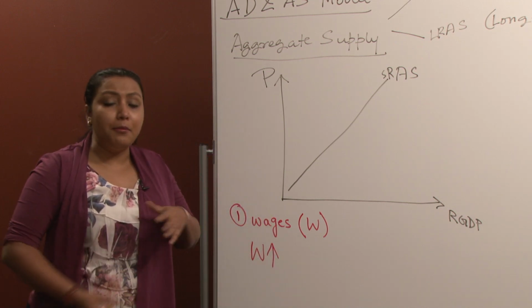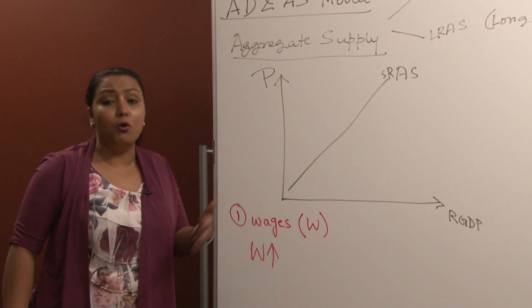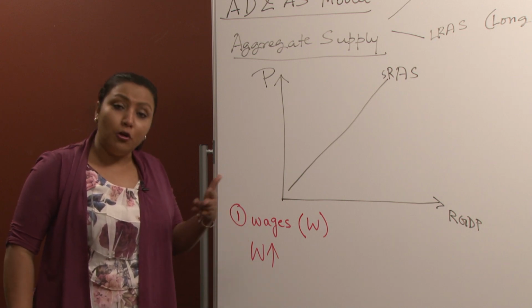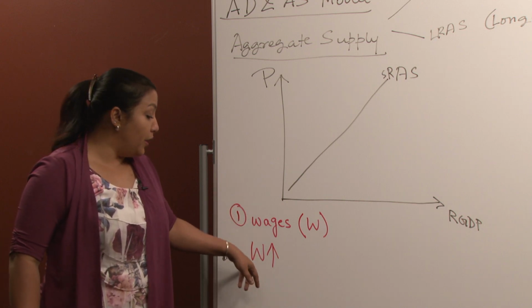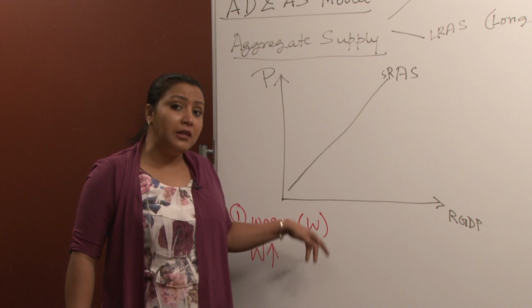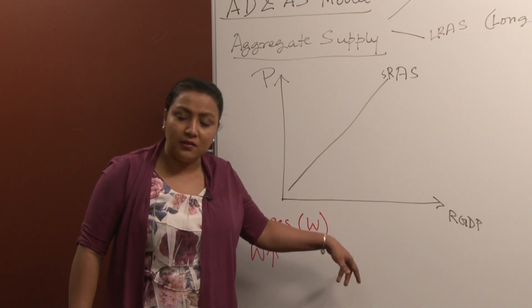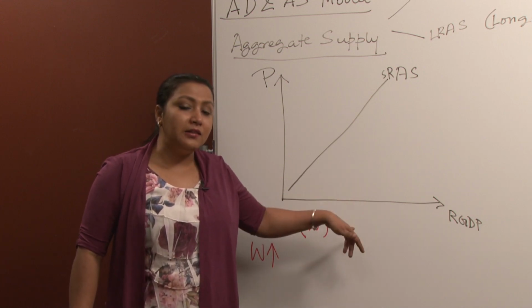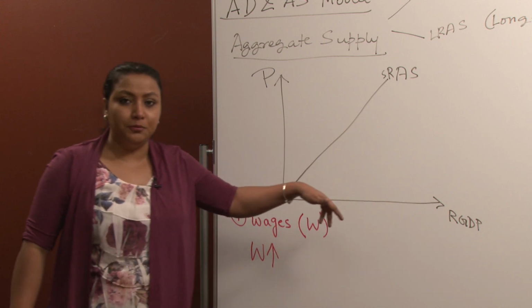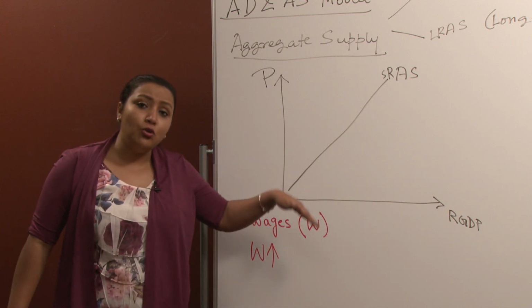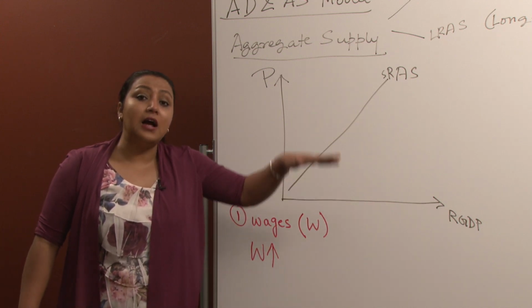And you know, labor is an input that is used for most businesses, for most production processes. So, if wages go up, it means labor has become expensive, which basically means that the cost of production goes up, because now you have to hire labor at a higher price.